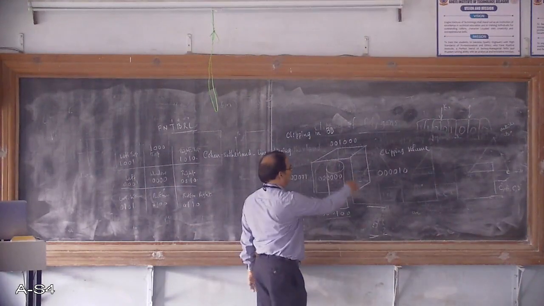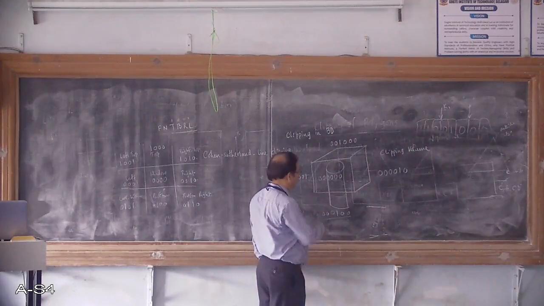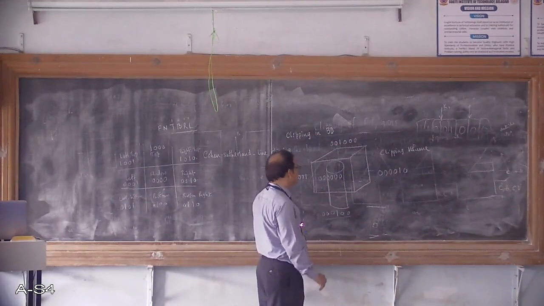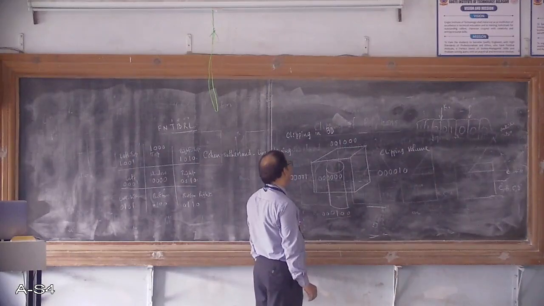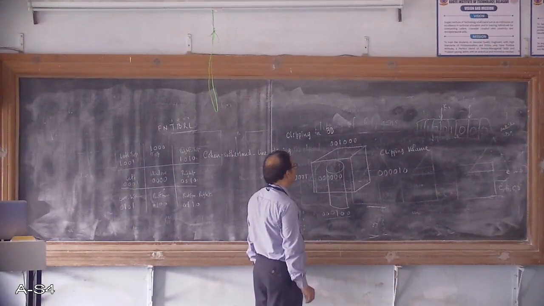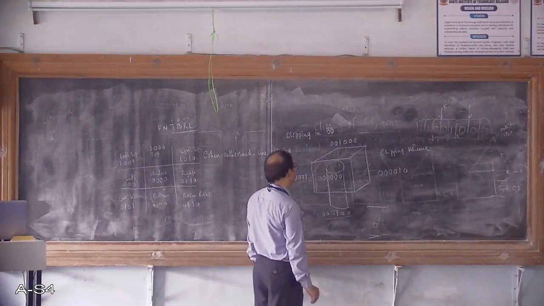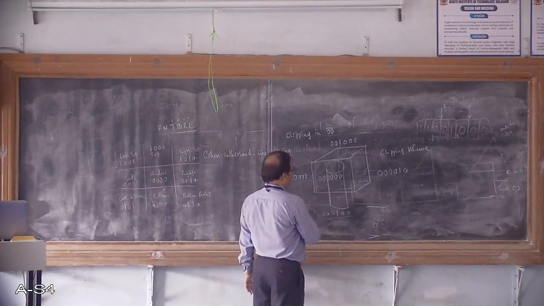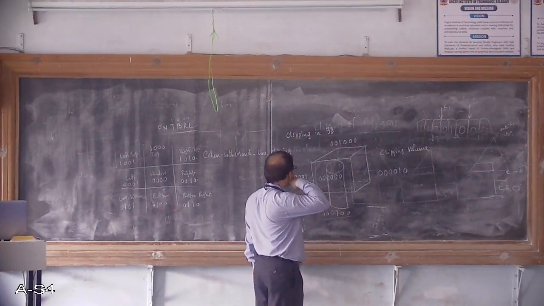So these are the 4 clipping region codes. We can also determine the remaining codes, for example what is the boundary code for the remaining portion.